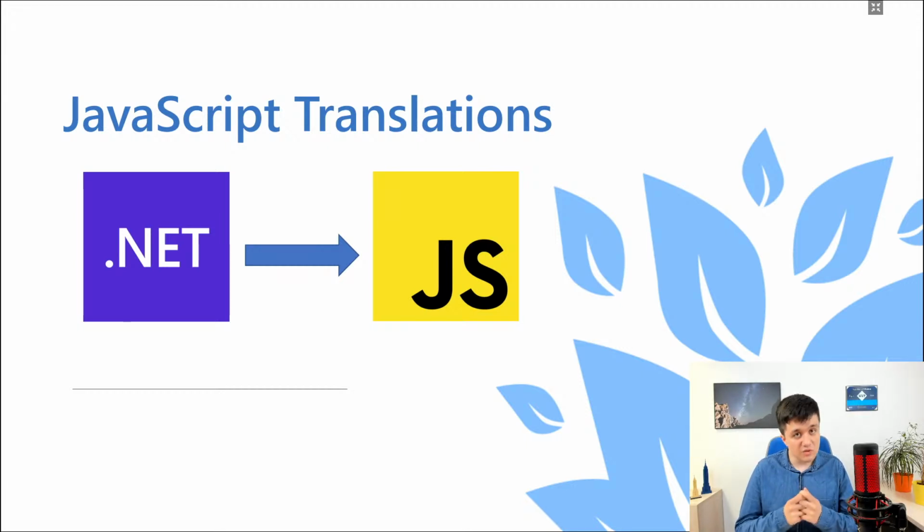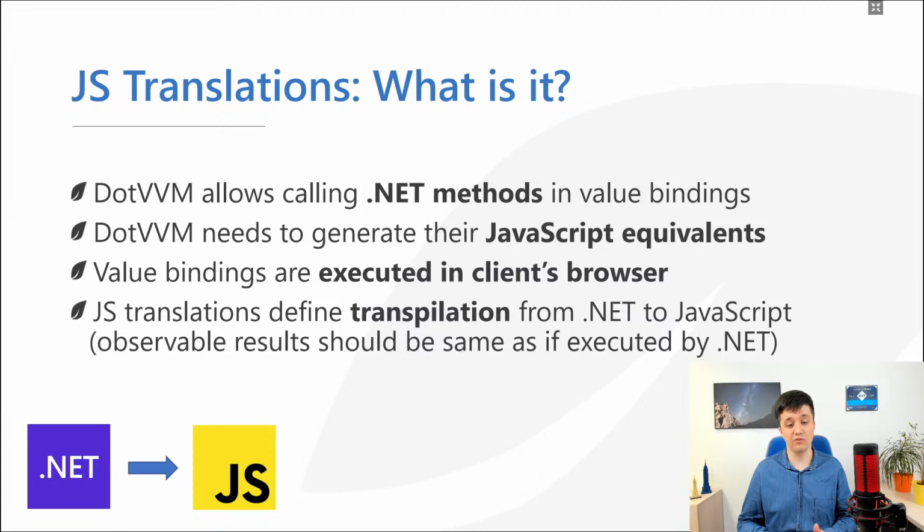To put it in simple words, JavaScript translations are small pieces of code that provide a JavaScript equivalent to certain .NET methods. And what I mean by that should be pretty clear from the next couple of slides.